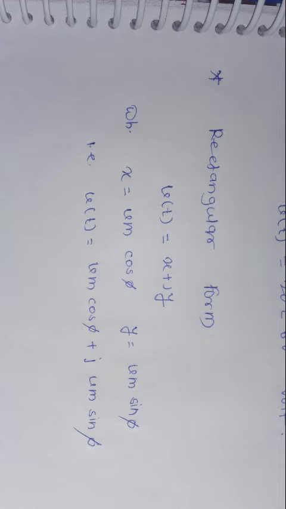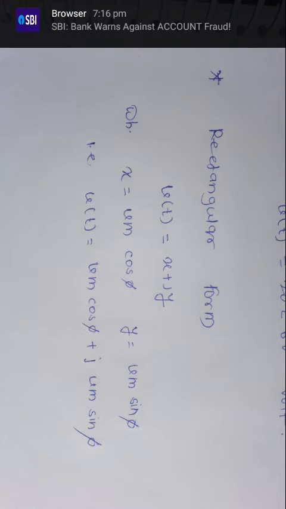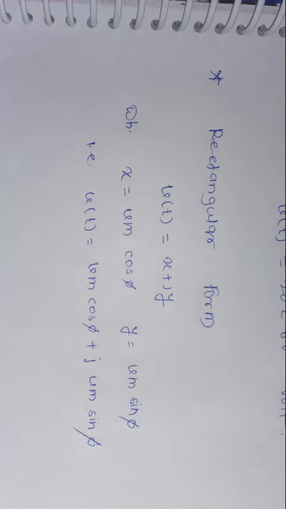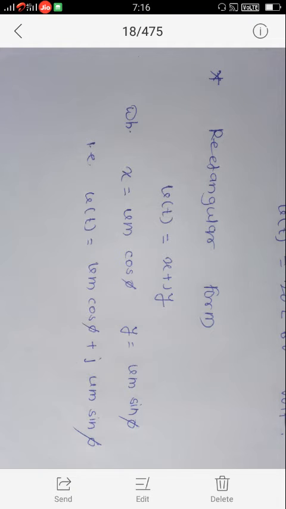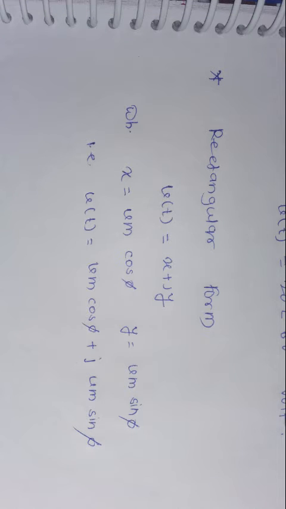The final equation in rectangular form is phi of t is equal to phi m cos phi plus j phi m sin phi.